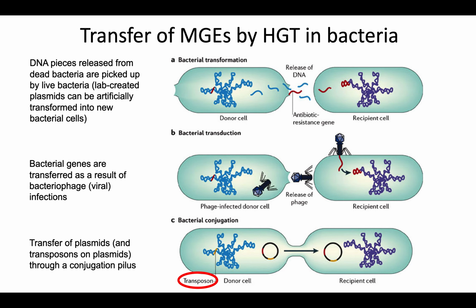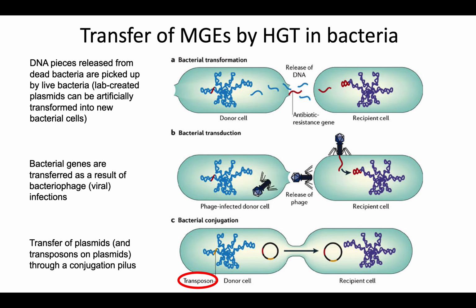Another thing with conjugation is that not only will the entire plasmid be given to a recipient cell, you also may have some of those transposons, those jumping genes. Remember I had talked about that beforehand.